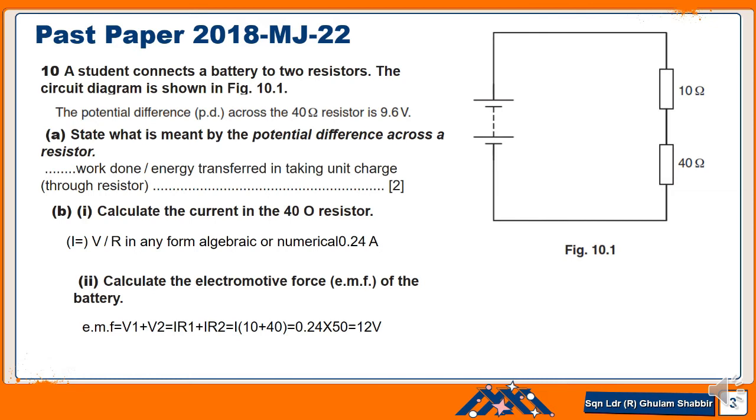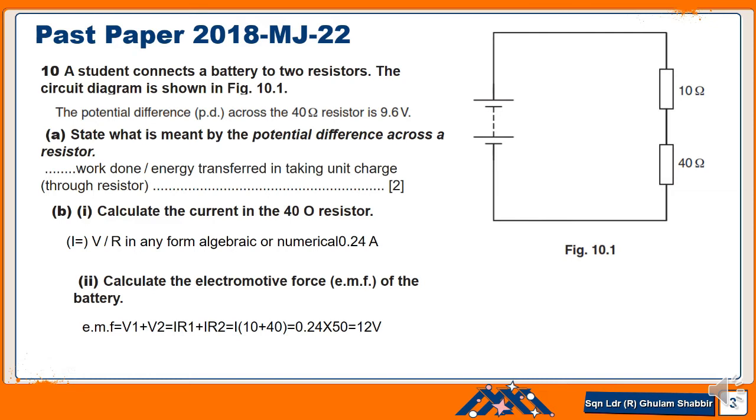For example, in a bulb we transfer electrical energy into heat and light energy. This is also called the potential drop. So it is the amount of energy transferred in taking unit charge through the resistor, also called potential drop or energy dissipated.